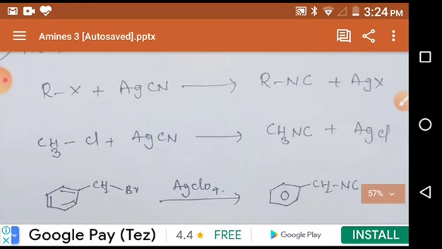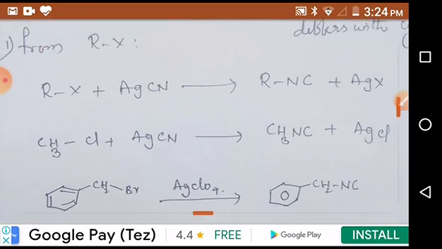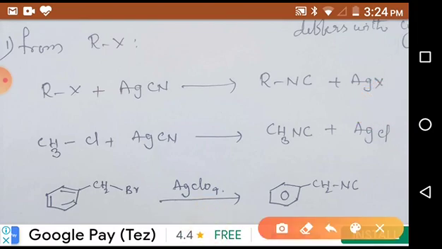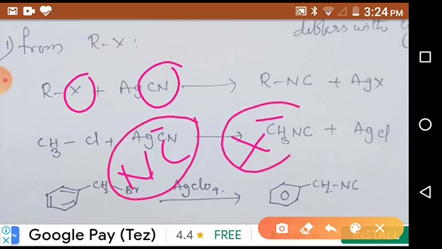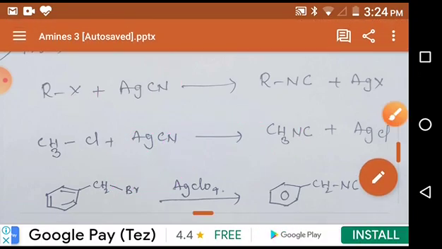In each and every case, a nucleophilic substitution is taking place. Halide X is going as X minus, and NC is coming as NC minus. So this nucleophile is replacing that nucleophile. That's why it is a nucleophilic substitution reaction.